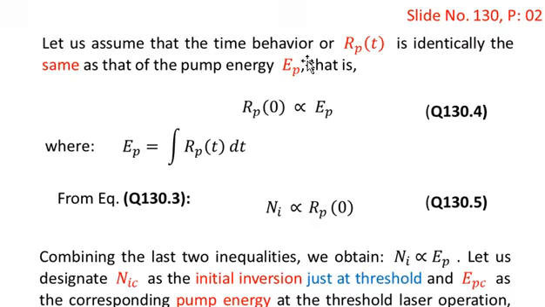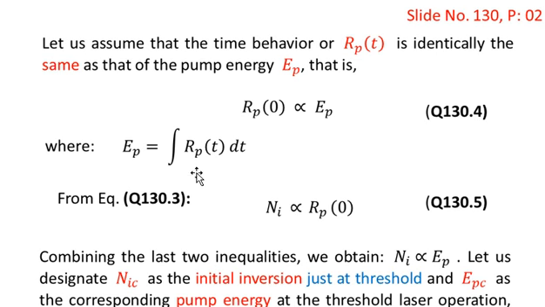Let us assume that the time behavior of the function rp as a function of time is identically the same as the pump energy ep. Under that condition, we can say that the value of the pump rate at time t equal to 0, that is at the Q switching time, is proportional to ep, where ep can be determined as follows.